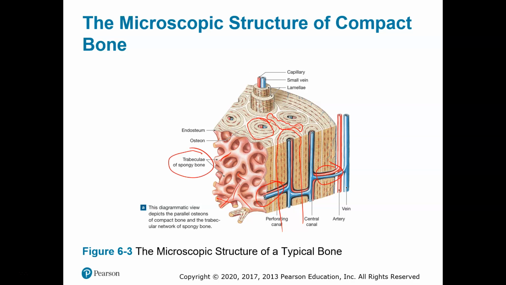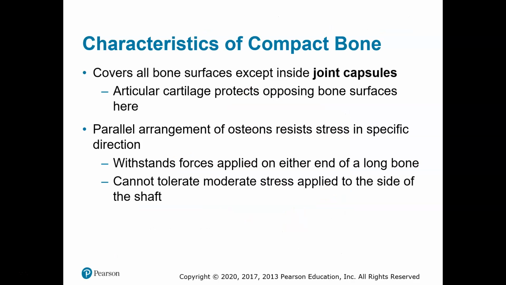It's called trabeculae. So you would need to know that compact bone is composed of osteons and spongy bone is composed of trabeculae.